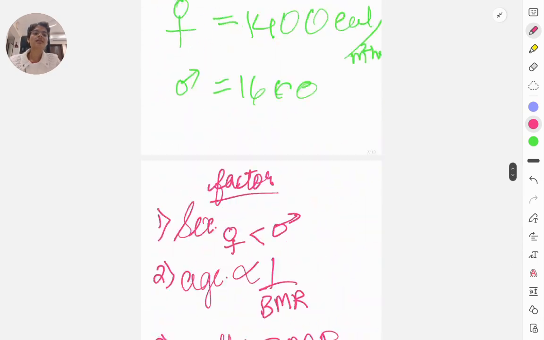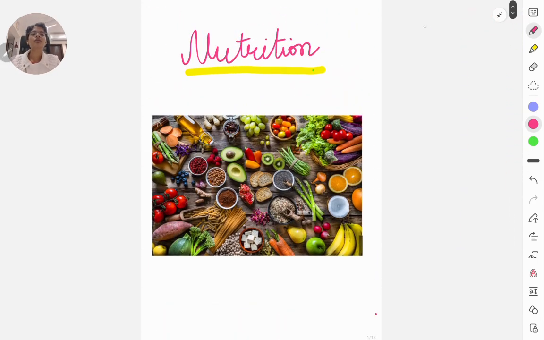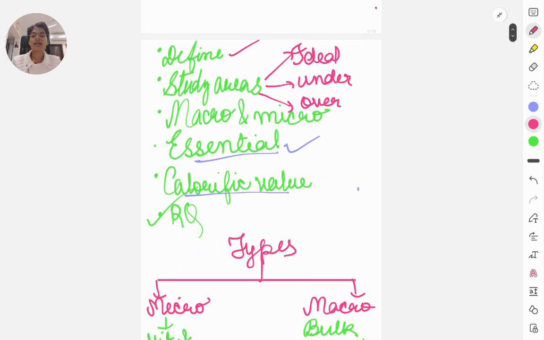So let's now summarize what we did till now. First of all, I told you that nutrition is the uptake of nutrients. Then we came to know the areas: ideal, undernutrition, overnutrition.